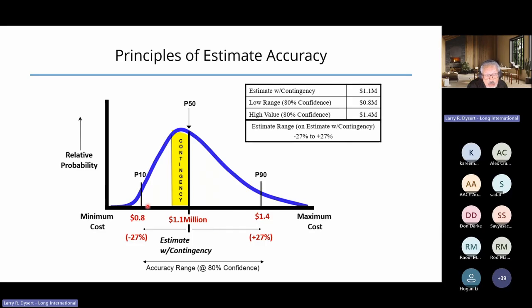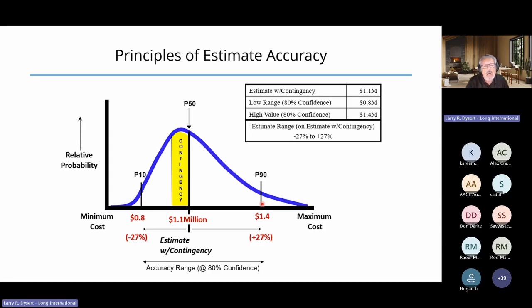In this case, we're selecting our percents between the P10 and the P90 value. In other words, that's providing us an 80% confidence interval that we're between 800,000 and 1.4 million.